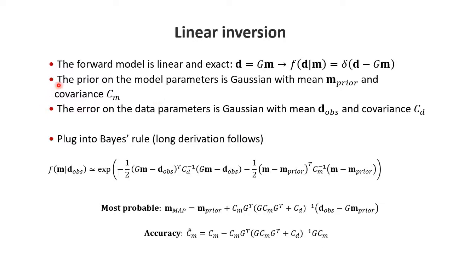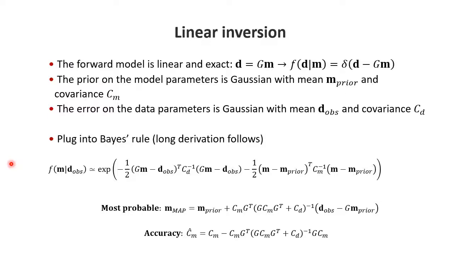First of all, in Bayes' rule, we need to specify a prior distribution, and then we can specify a likelihood distribution. For example, for a prior distribution on a model parameter, you could say, a priori, I know something about it: the mean of my model parameters is some M prior, and I have some kind of correlation between these parameters.